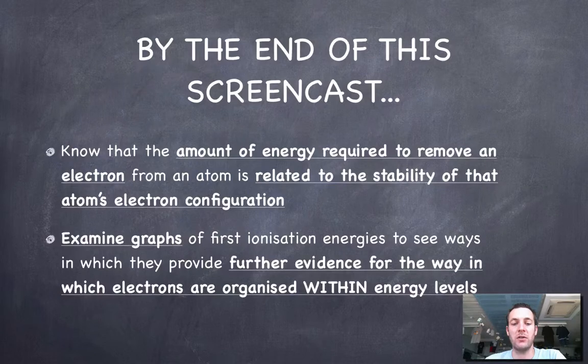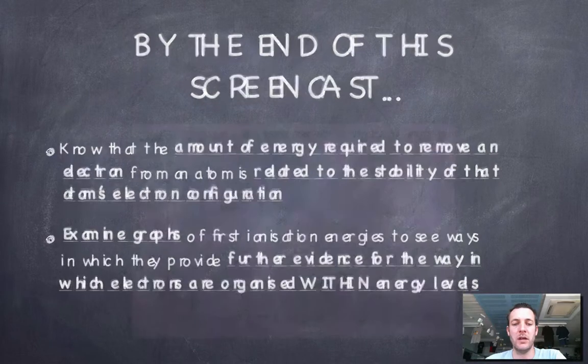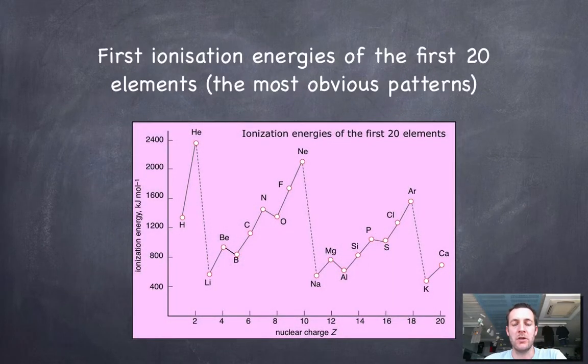And we'll have a close look at some first ionisation energy graphs to see how we can get an even better understanding of how electrons are arranged in atoms by looking at how much energy it takes to remove electrons.